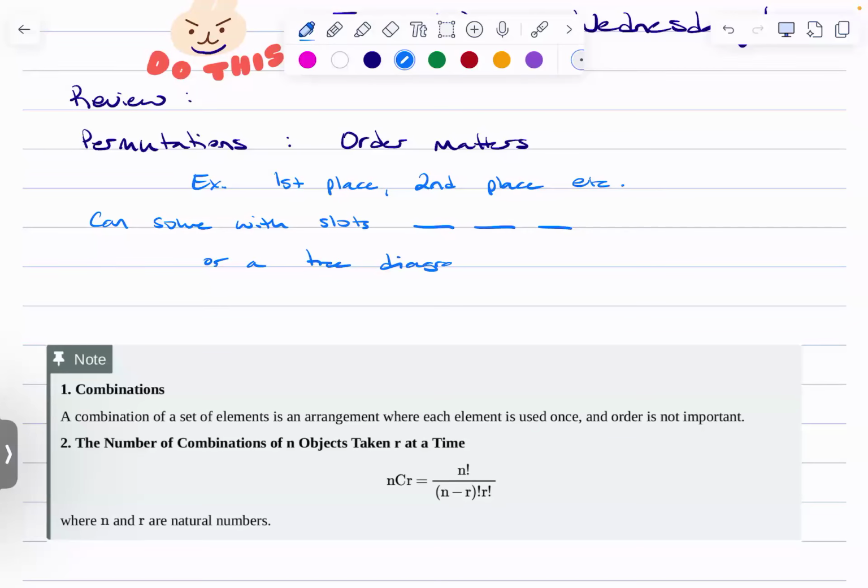And I caught one as I was reading it. I didn't catch it, sorry. It says use a tree diagram, but I'll tackle that one. You don't have to, you can use the slots. Okay. So you can use slots or a tree diagram, I should say, to solve permutations. Okay.